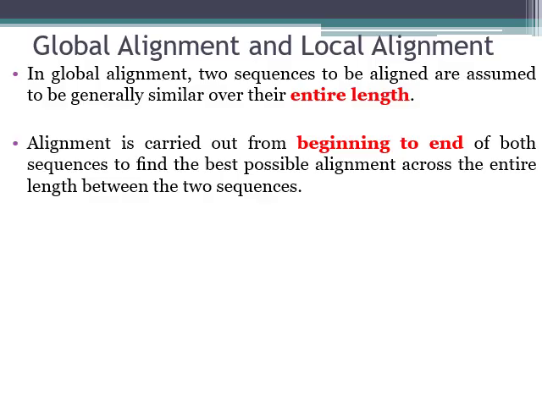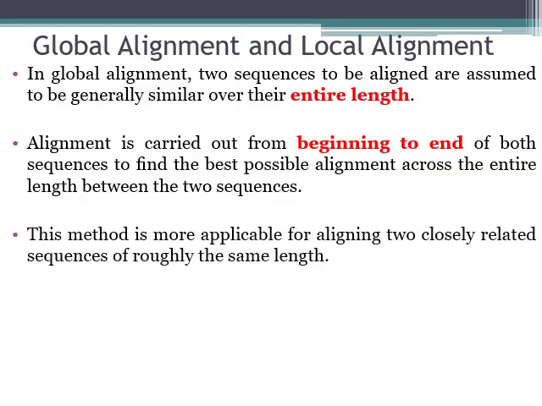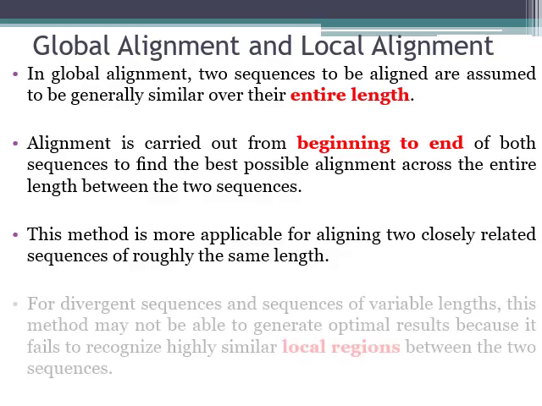So in global alignment, we start the alignment from beginning to end. And in this alignment, we try to find the best possible alignment across the entire length between the two sequences. This method is more applicable for aligning two closely related sequences of roughly similar length.